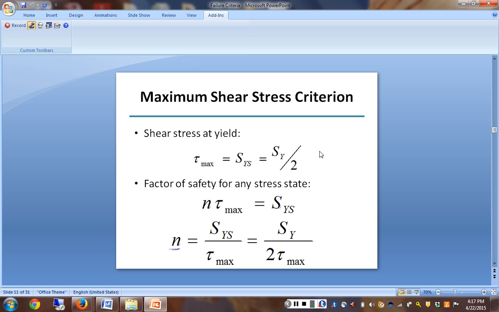Then any stress state is this factor of safety times what we've got, compared to the strength. Well, we just said that this strength is half of the tensile strength, so here's our criteria. It's the regular tensile strength over 2 times the max shear. Just a little bit of algebra to get through that. And that's our new criteria in terms of the shear stress.